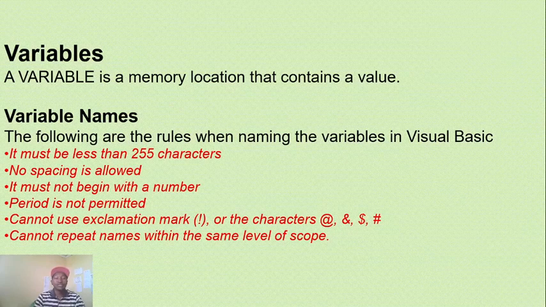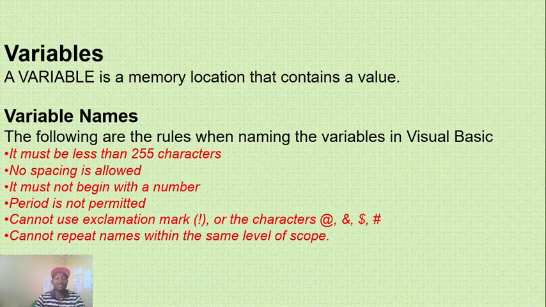Then we have rules. For you to write variables, the following are the rules when naming the variables. It must be less than 255 characters. No spacing is allowed. It must not begin with a number. Period, that is dot, is not permitted. You cannot use an exclamation mark or the characters at, ampersand, dollar sign, or hash.